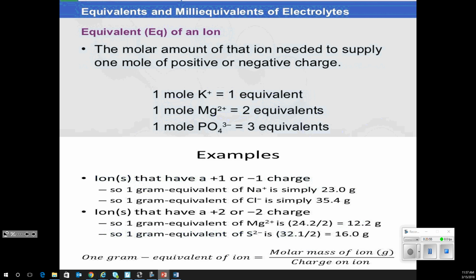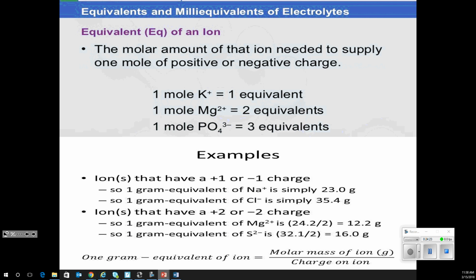Equivalents are all about charges. So how many charges do I get per mole of stuff? Okay? All I'm looking at is a charge on the positive or the negative. If I'm only given the negative, then I look at the negative. But if I'm given the positive, that's what I look at. So if I have a plus or minus 1 charge, doesn't matter if I'm looking at chlorine or sodium, I can just say 1 gram equivalent for chlorine is this, 1 gram equivalent for sodium is this.